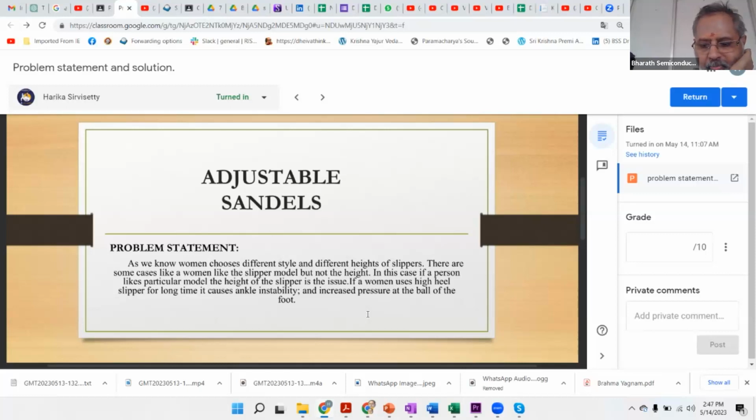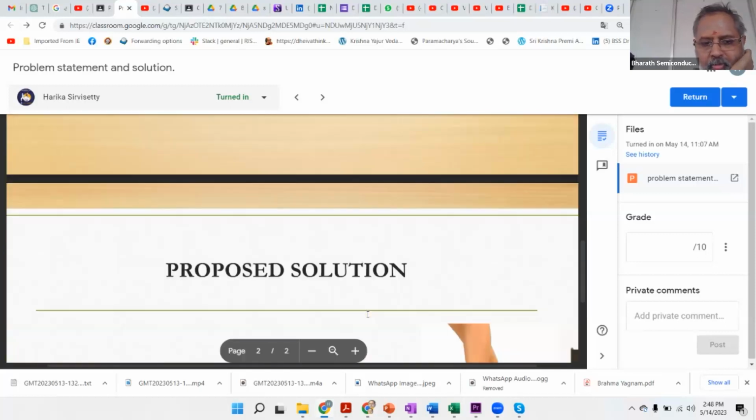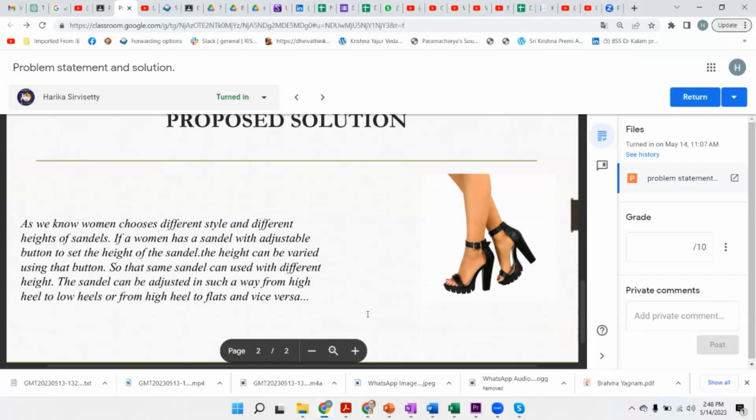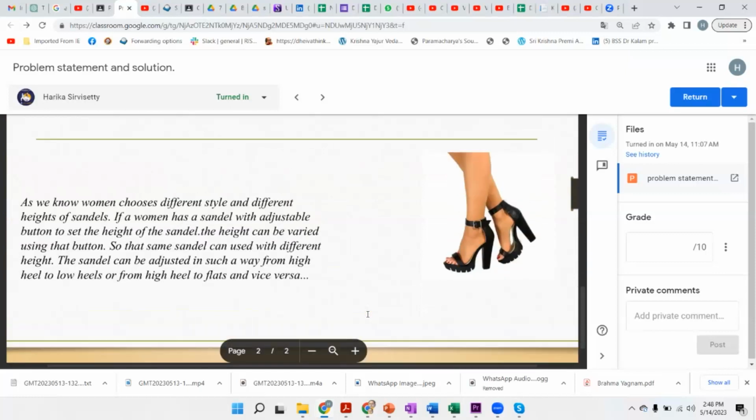Very good. What is the solution? By putting a button at the bottom of the sandal or slipper. Very good idea, but tell me a little about it. How do you do it?